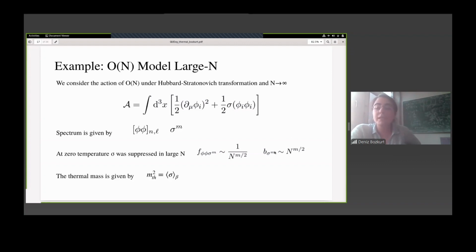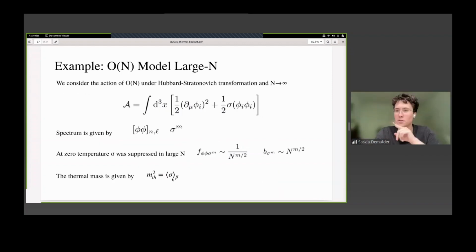So then the combination of these two quantities, which form the OPE coefficients, are of order 1, and they will contribute. And on top of this, this theory also has a thermal mass, which makes the correlators decay, especially at non-zero spatial separation. And this thermal mass is given by the 1-point function of sigma.